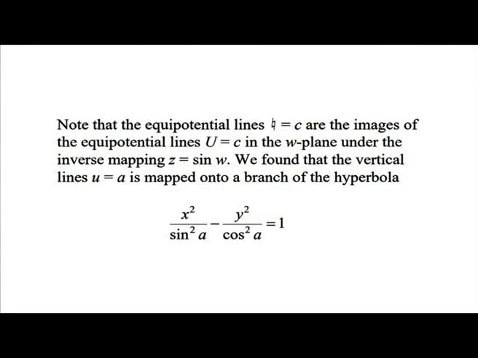Note that the equipotential lines phi equal to C are the images of the equipotential lines capital U equal to C in the w plane under the inverse mapping z is equal to sin w. We found that the vertical lines u equal to A are mapped onto the branch of the hyperbola x square by sin square A minus y square by cos square A is equal to 1.